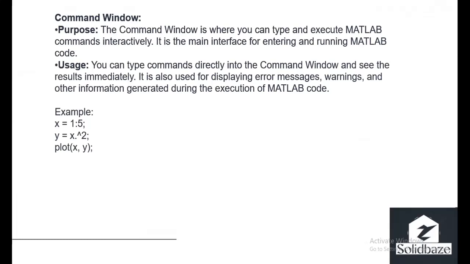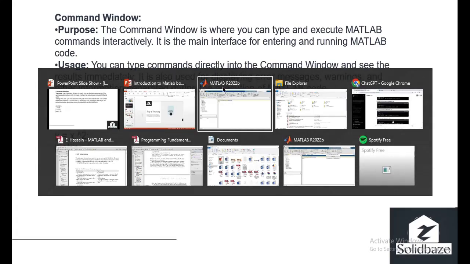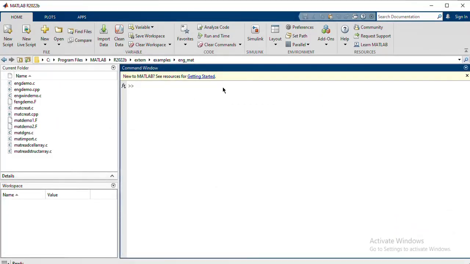So to carry this out, we'll be switching to the MATLAB software. Okay, so now we want to carry out a simple example to see how our command window works. I'll set my x to be equal to values from 1 to 5.